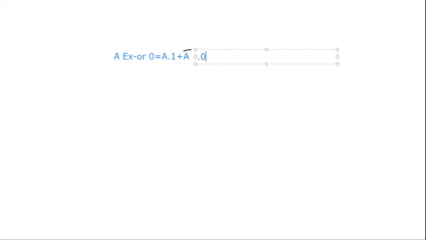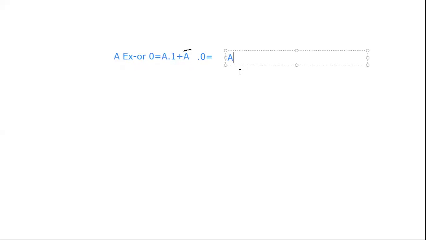Why? Because XOR operation is AB bar plus A bar B. So A, B bar means A into 0 bar, which is 1, plus A bar into 0. So what is the output we are going to get?